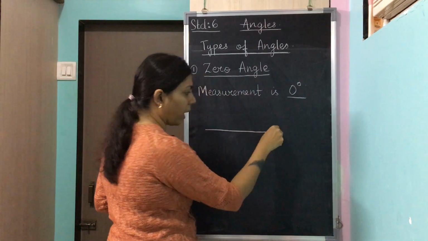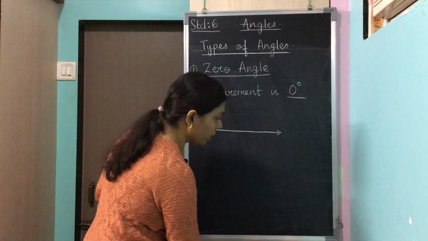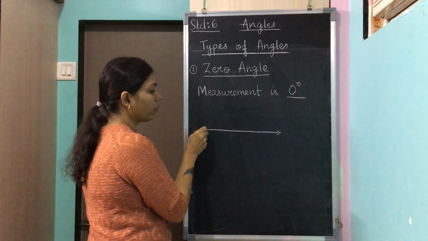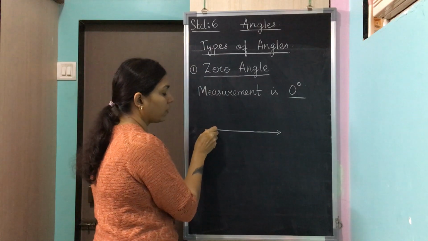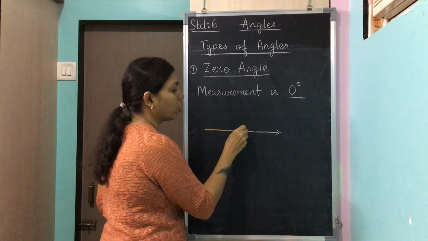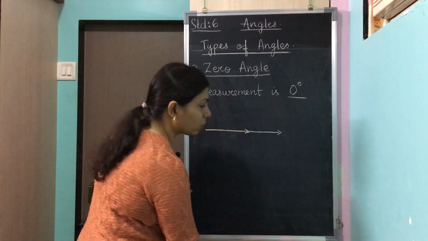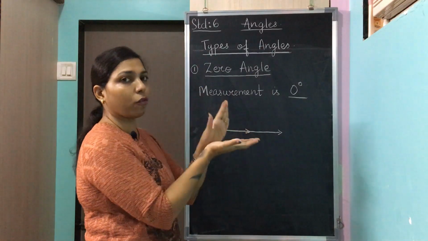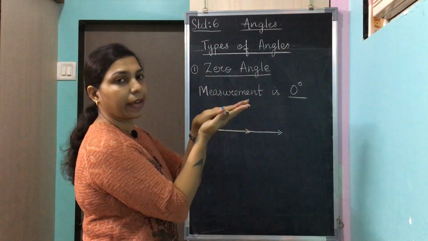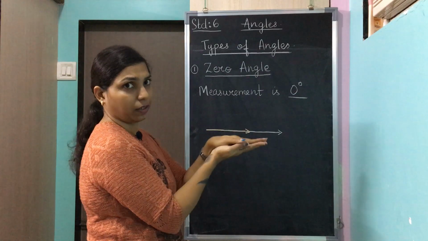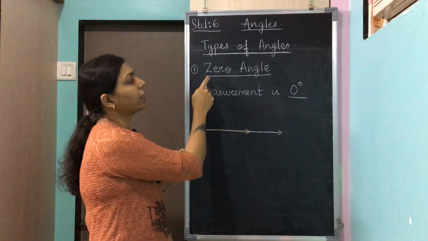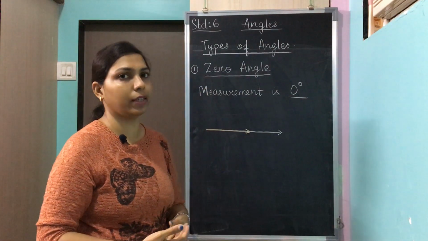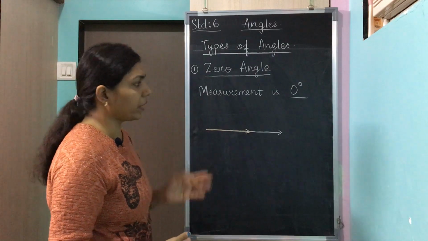This is one arm of your angle, and I'll show the other arm which is lying exactly on top of it. So both the arms of the angle are lying exactly on top of each other. So in such a case, the angle is called a zero angle. Okay, so please copy this down.